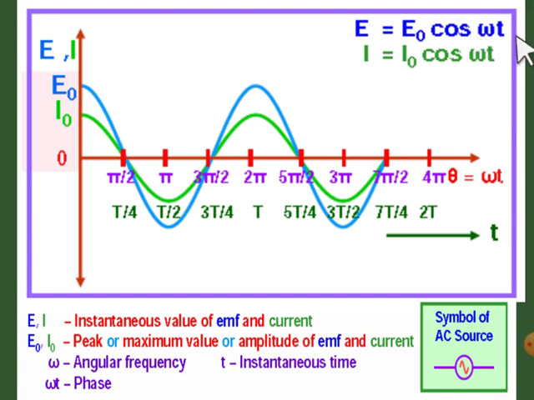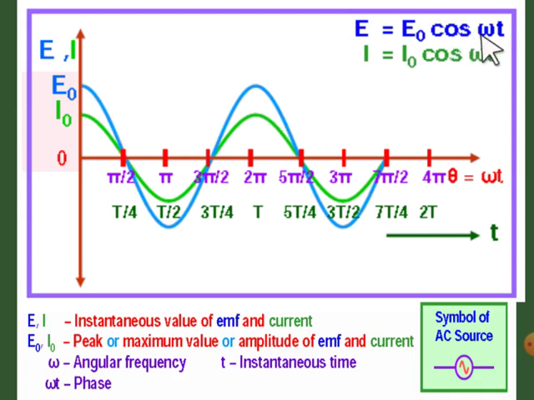When omega t is equal to 0, at t equal to 0, we know that cosine of 0 degrees is 1. So the instantaneous EMF will be E equal to E naught, and I will also be equal to I naught. That means at the very beginning, when t is equal to 0, it will have its peak value: I naught for the current, and E naught for the EMF.